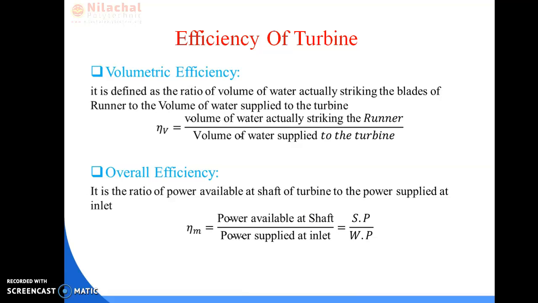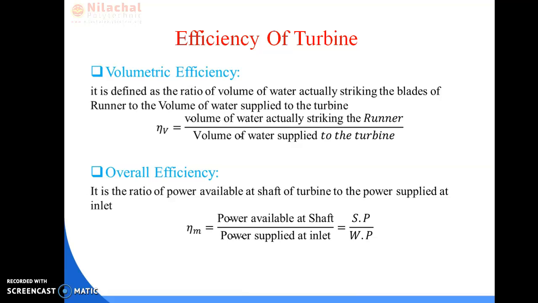Then overall efficiency. Overall efficiency means that for a turbine unit our output power is the mechanical power, that is the power available at the shaft of the turbine unit. The input energy is the power supplied by the water at the outlet of the penstock.